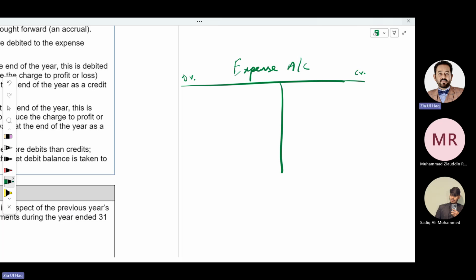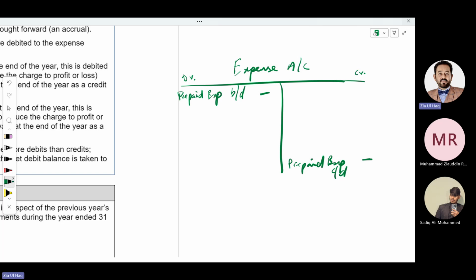In expense account, on debit side at start, we record prepaid expense brought down balance. On credit side, at the end, we record prepaid expense carried down balance, mean closing balance.